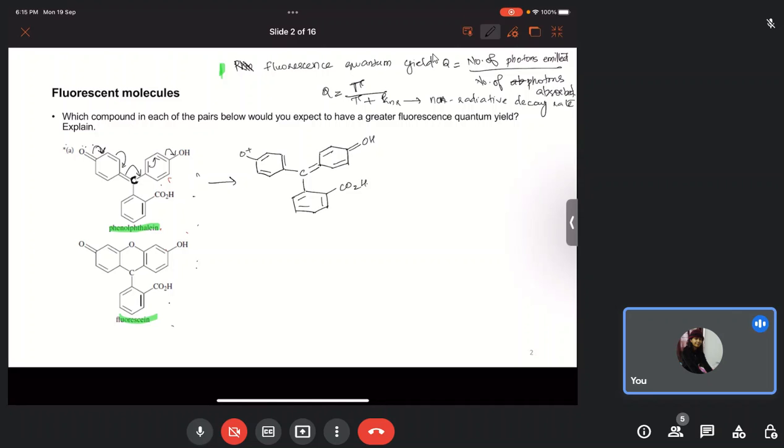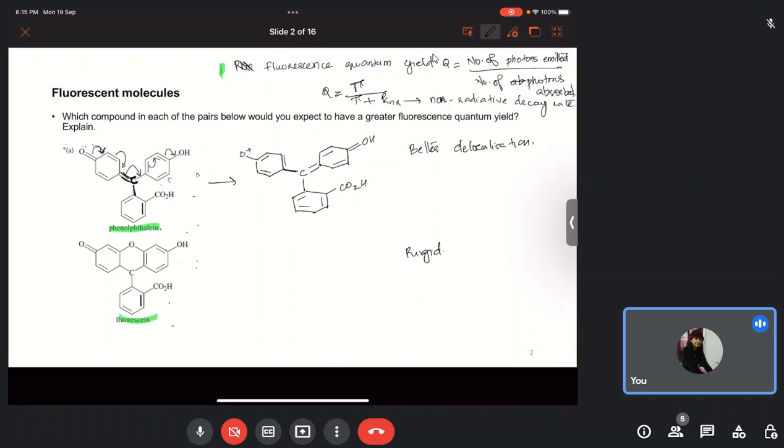And this delocalization can also happen towards this ring. So we have better delocalization here compared to fluorescein. Fluorescein is far more rigid, but at the same time this is also rigid because of this double bond on one of the sides.